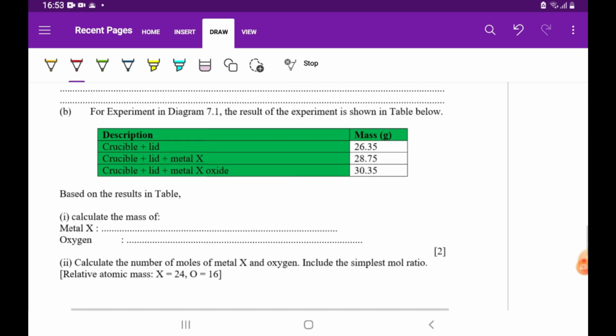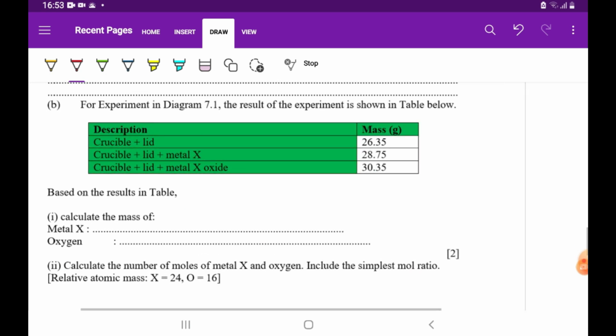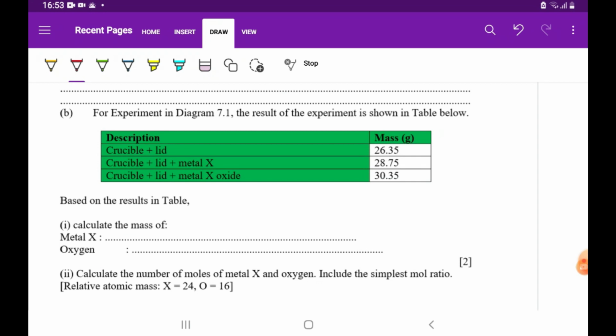Now look into B. For the experiment in 7.1, the results are shown here. Crucible with the lid, let's say it's A, B, C. So metal X and metal oxide. How to get the mass of metal X?